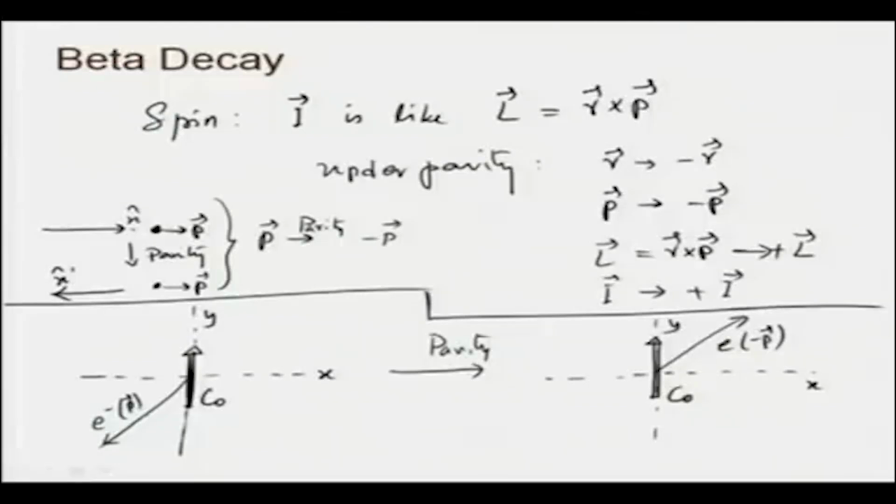So, if parity is conserved, what will happen? If parity is conserved, we expect that for every electron coming out in the negative y direction, as in the first figure, there is also an electron coming out in the positive y direction, as in the second figure.